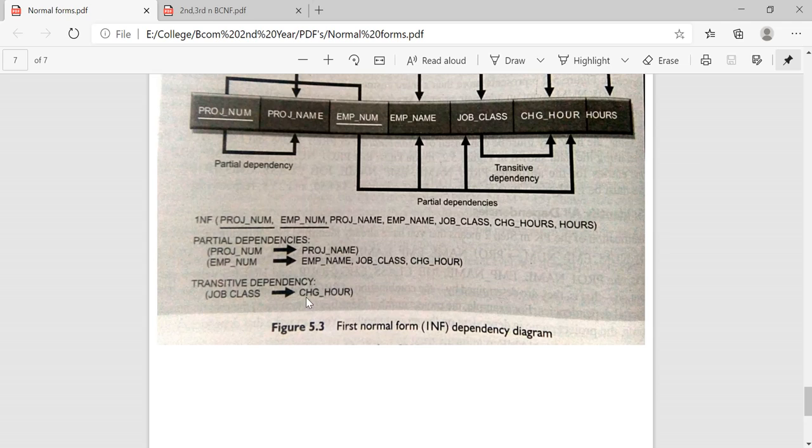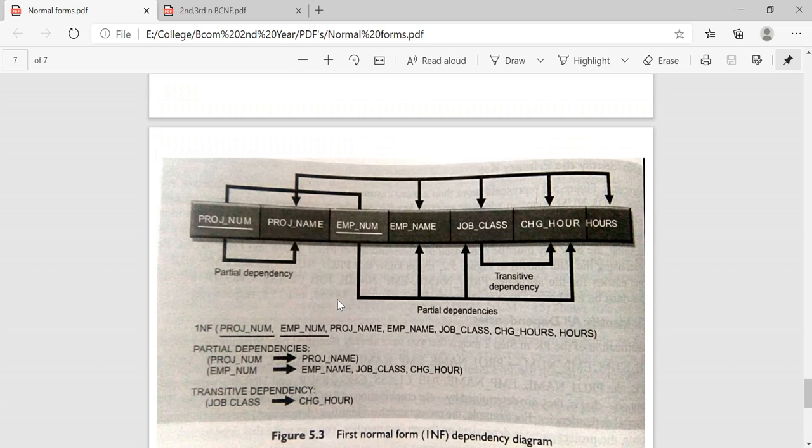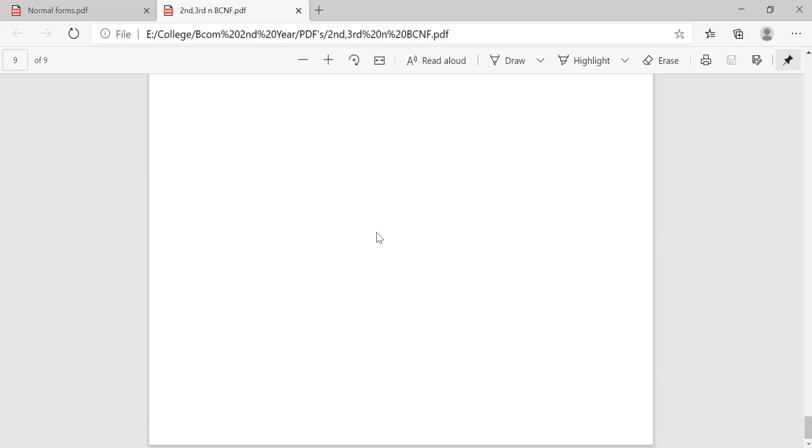Job class is nothing but the designation; how the person is charged, so you have to know the job designation to find out the charge per hour. So this is about your first normal form. So let's move on to second normal form.